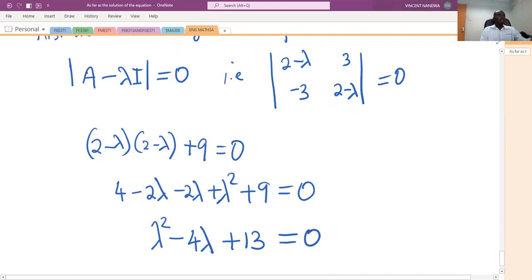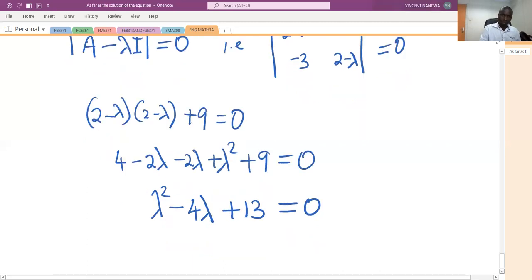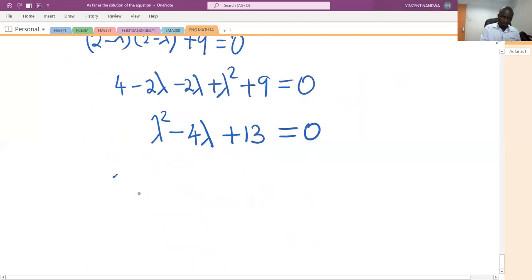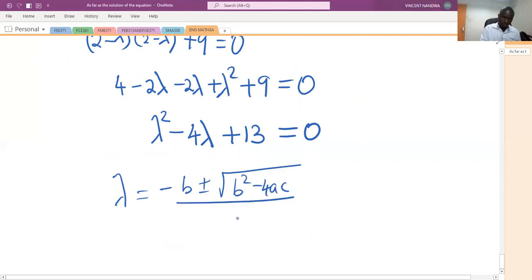Now this results in a quadratic equation. So let's use the quadratic formula to find the roots of this equation. So lambda equals minus b plus or minus the square root of b squared minus 4ac, over 2a. Our a is 1, our b is minus 4, and our c is 13.